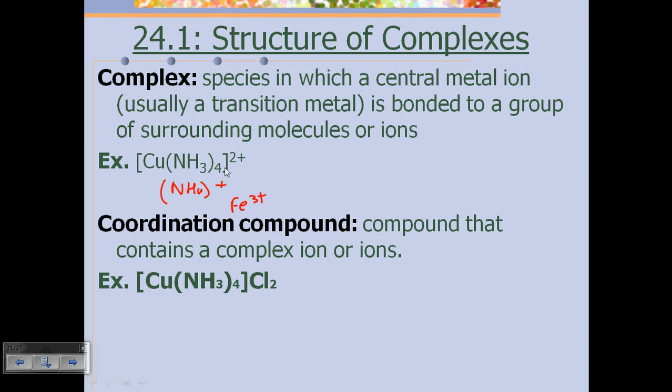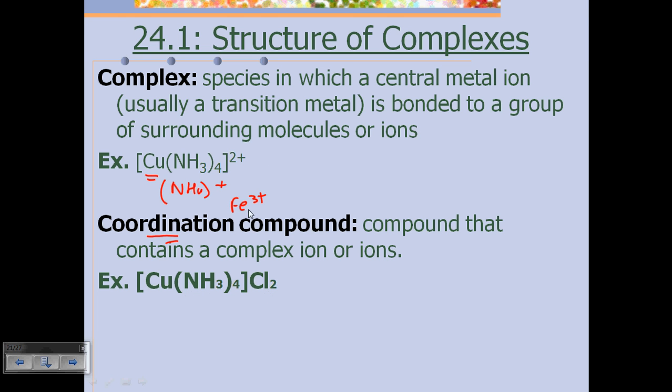This is almost similar to it, except the difference is you have a central metal cation to which these small groups are attached. And when a compound contains a complex ion, we call it a coordination compound. So that was an ion, and if you had to make a compound, because it's a cation, you'll attach an anion to it like a Cl minus or Br minus or NO3, and then this is the formula of a compound with no charge.